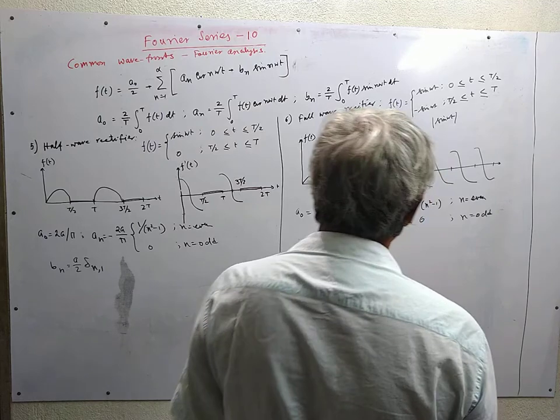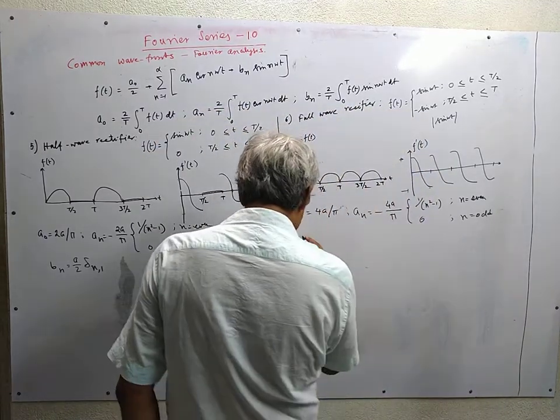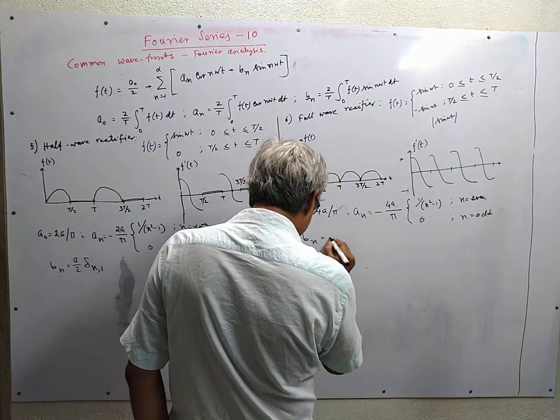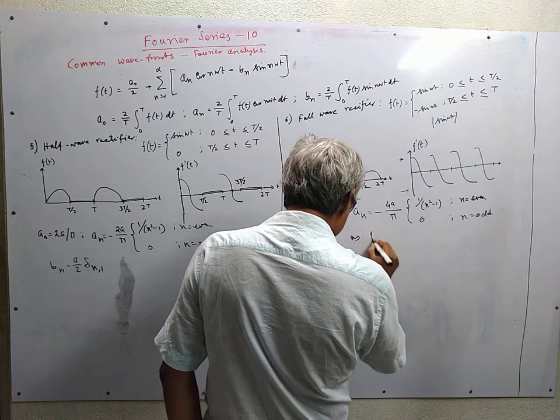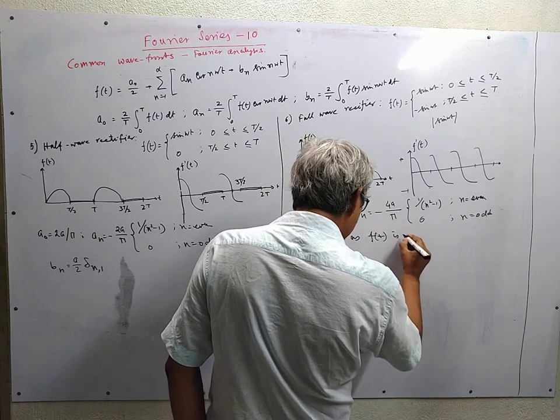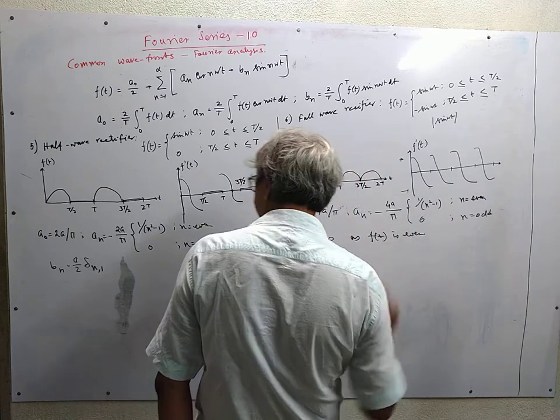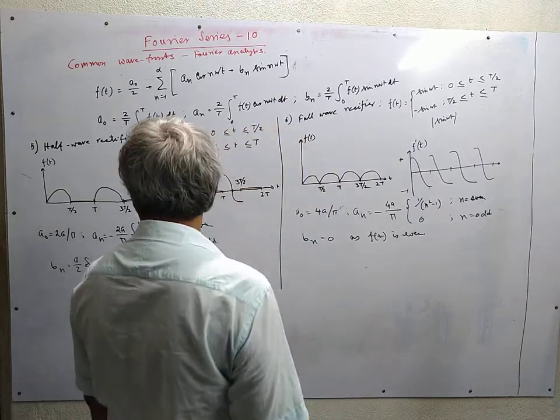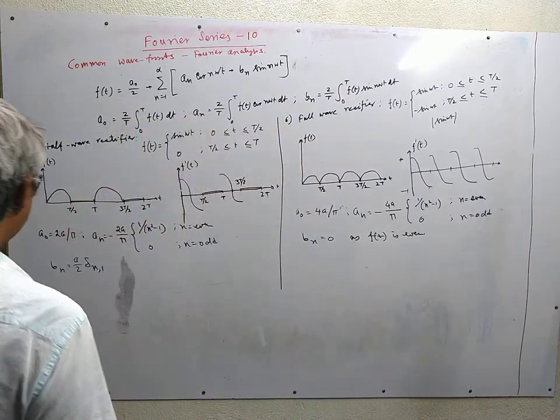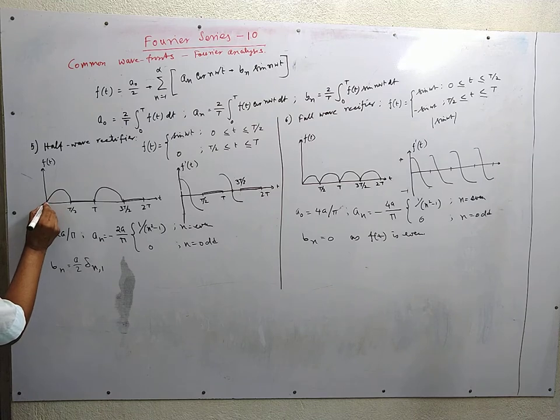So the result we have obtained is, as expected, Bn is 0 as f of t is even. In the half wave case the function was not even. You look at this half, the function was this, so this is not an even function.